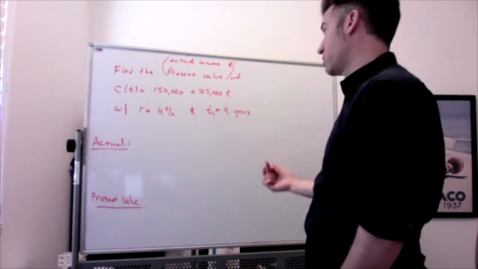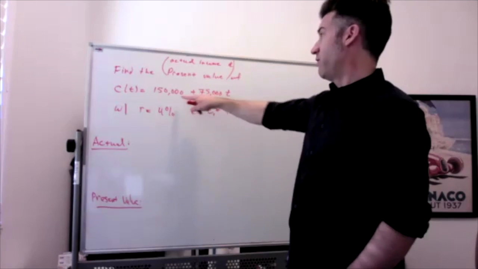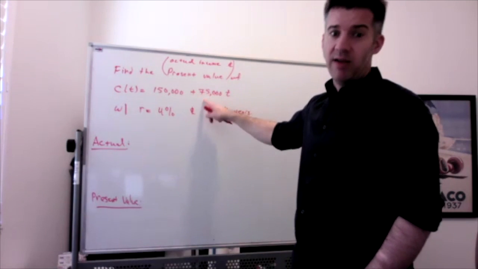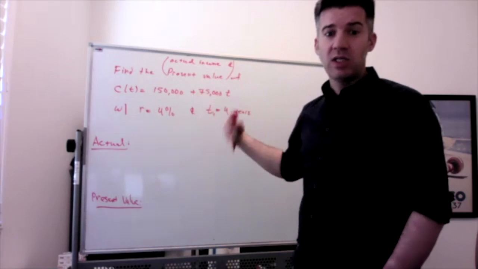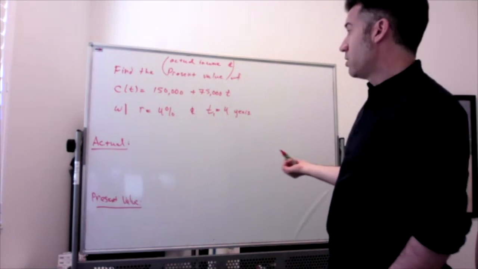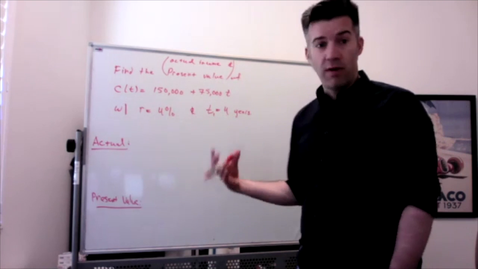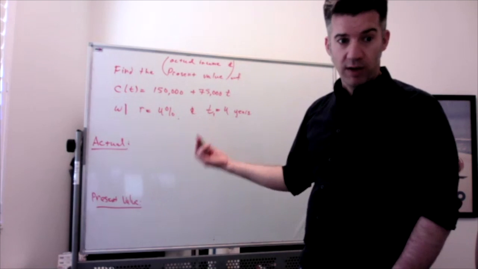So after the first year, it's going to make 150 plus 75, so 225. And then after the second year, it's going to make 150 plus 150, which is 300. So each year they're expecting their income to increase, at least for the first 4 years. So we want to calculate both their actual income over the next 4 years and their present value.